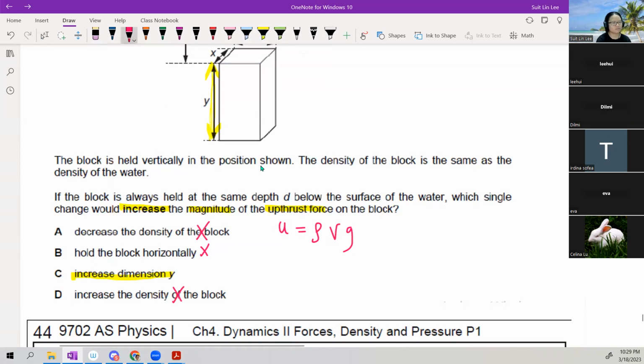So the answer is C. Because volume increases, upthrust would increase. Okay. You could also increase the density of the liquid. Other options include increase density of liquid.